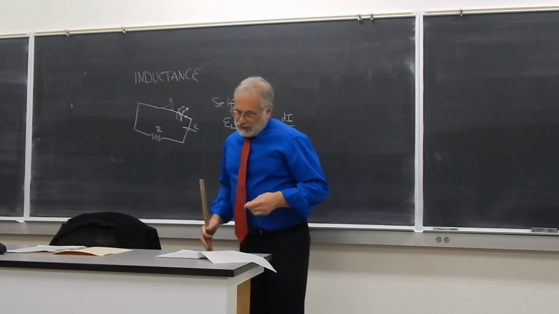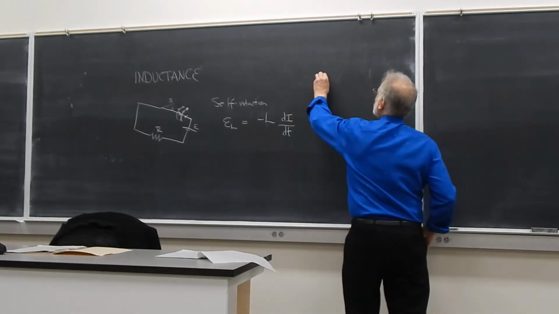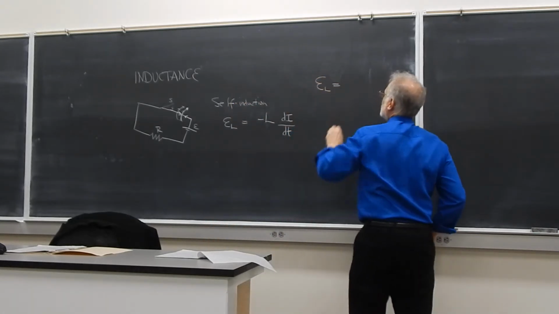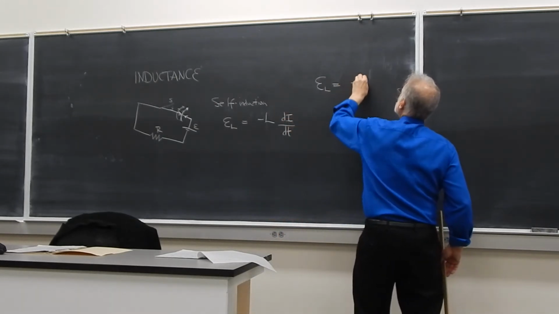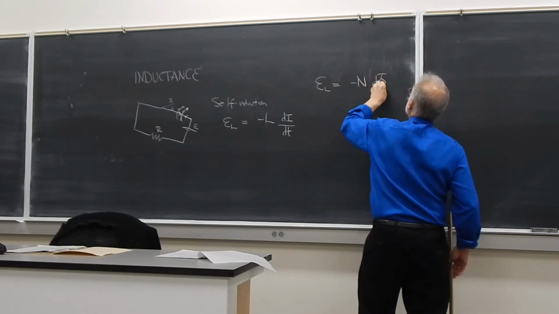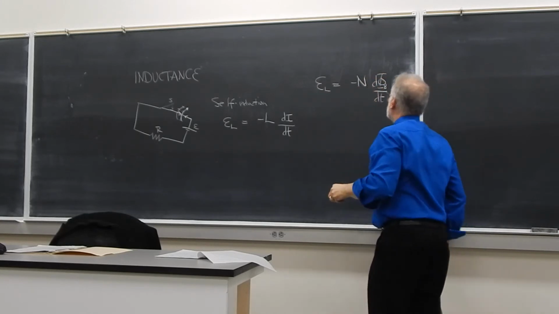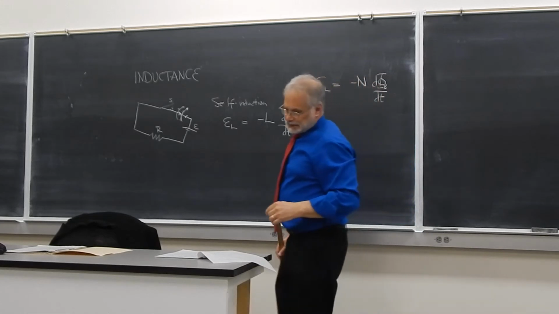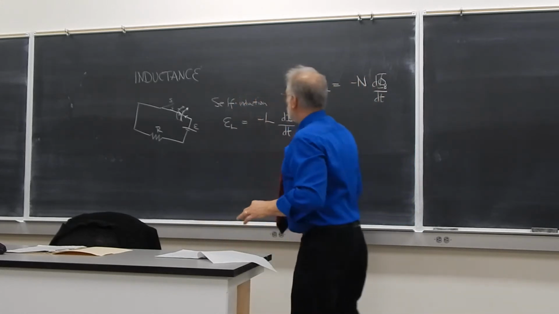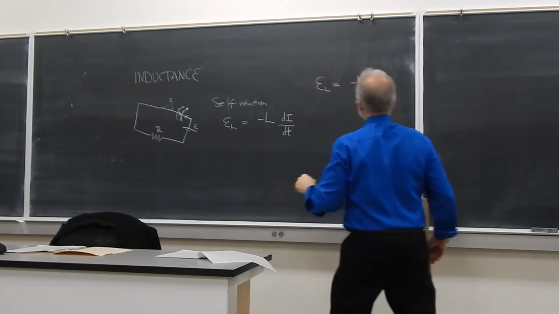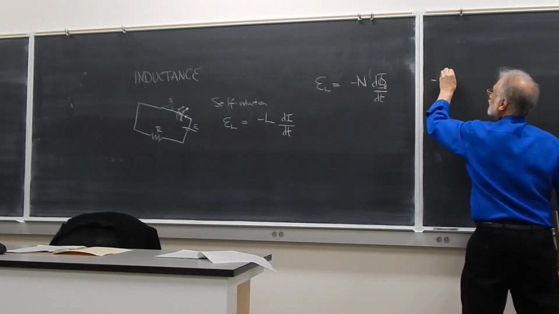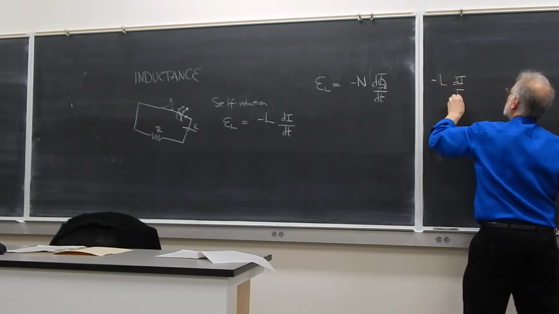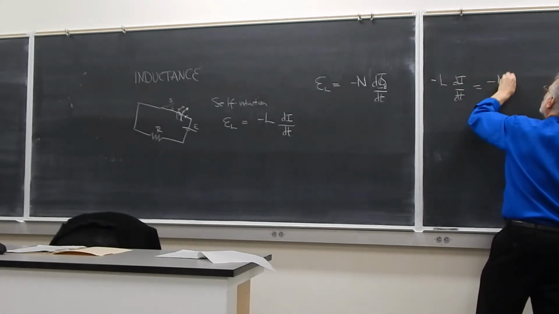In fact, Faraday's law, let's talk about this. Faraday's law tells us that my back EMF, or my induced EMF, is going to be equal to minus N times the derivative of magnetic flux with respect to time. And so if I look at these two expressions and equate the two, I notice that I have a dt on both sides.